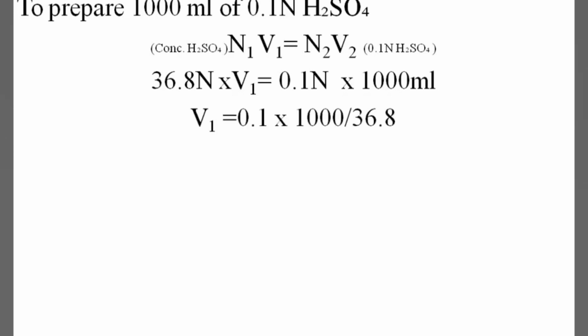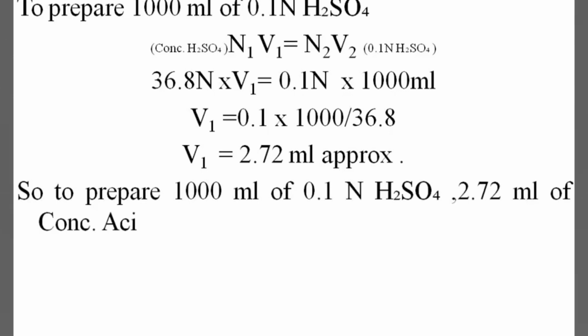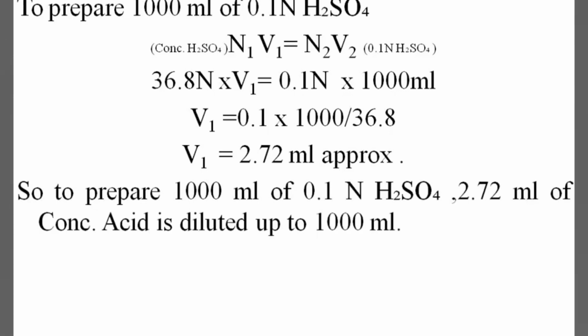So V1 is equal to 2.72 ml approximately. Earlier it was 27.2 ml because we were preparing one normal. Now we are diluting it 10 times and the volume is also reduced 10 times. So to prepare 1000 ml of 0.1 normal H2SO4, only 2.7 ml of concentrated acid is diluted up to 1000 ml.